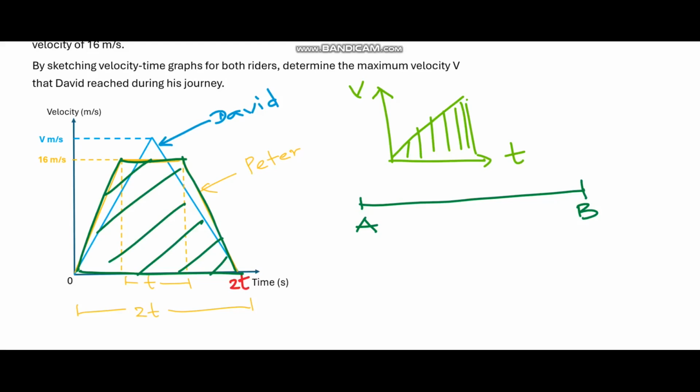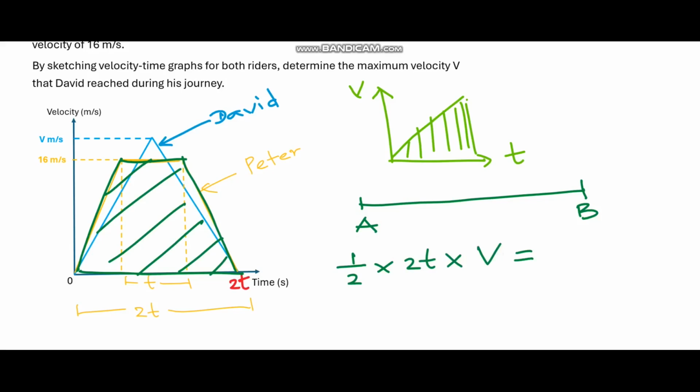So, area of the triangle is half base, which is 2t, times v unknown, which is what we are after, by the way, and that is equal to the area of the trapezium.